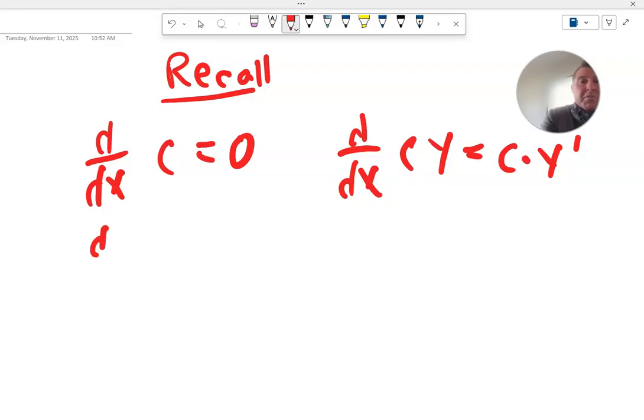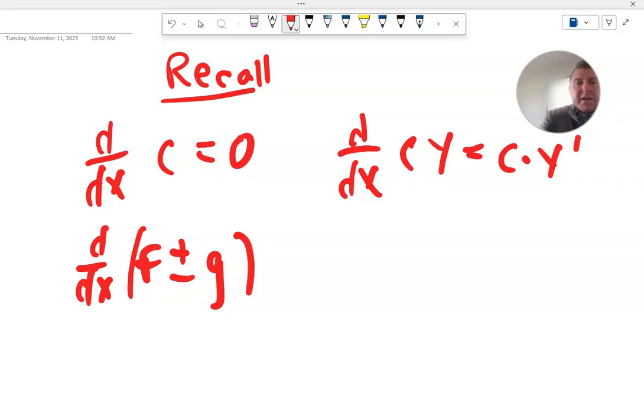We have the sum difference rule, which says the derivative of a function plus or minus another function, x squared plus sine of x, 4x cubed minus square root of x, is equal to the derivative of the first function plus or minus, whatever the sign is, the derivative of the second one. In other words, derivatives quote unquote distribute over addition and subtraction.